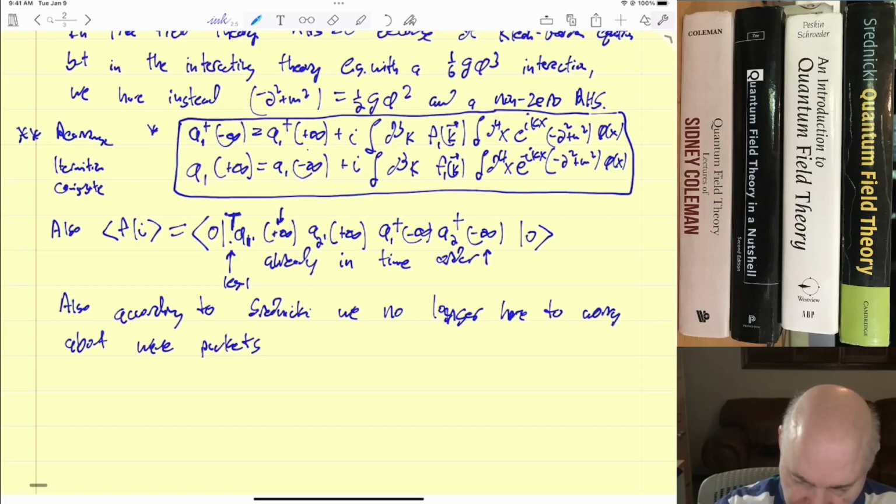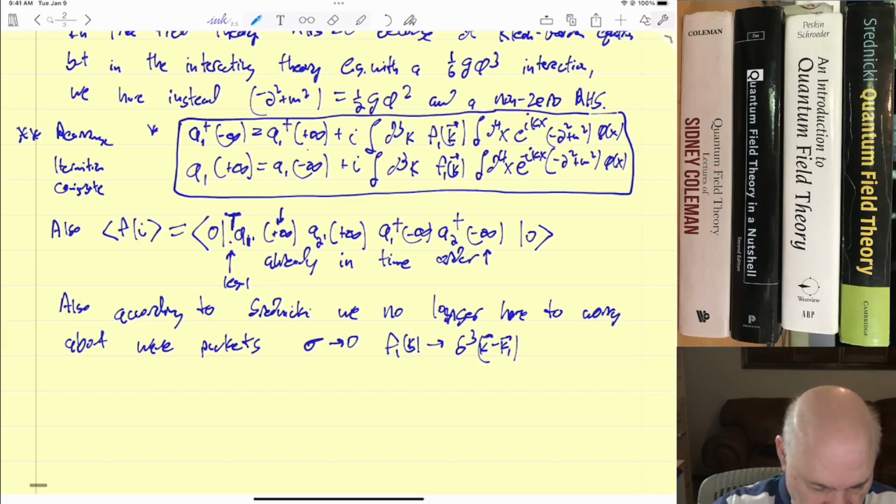He doesn't exactly spell out the reason why, so to me this is a little bit of hand waving. But we can take sigma goes to 0, and f1(k) goes to delta3(k minus k1), and we get the delta function normalization.